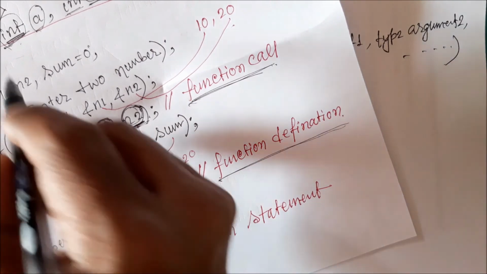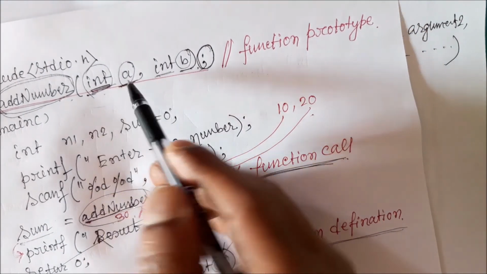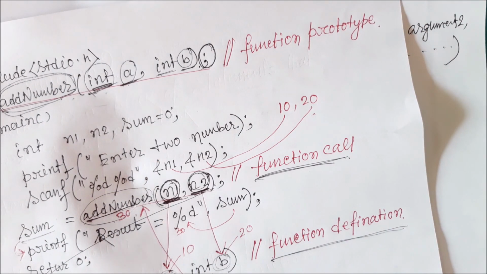These are formal parameters. I will explain in detail when we talk about the difference between actual parameter and formal parameter, later when we discuss call by value and call by reference. Right now we are talking about the function definition.